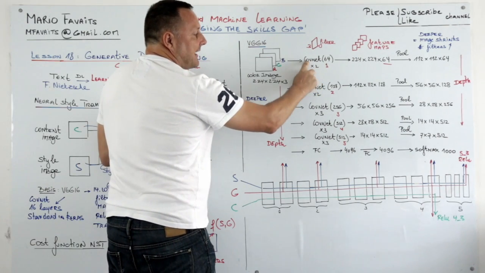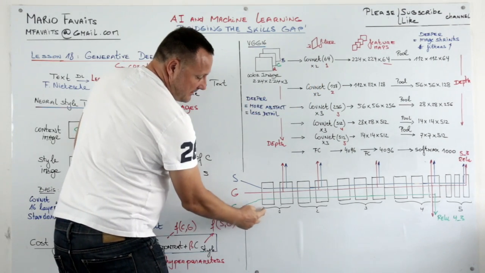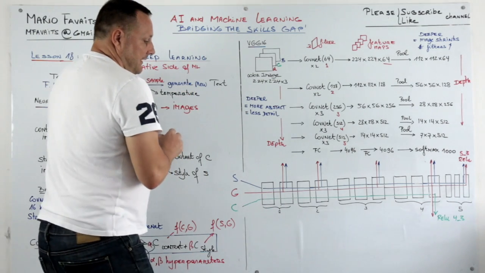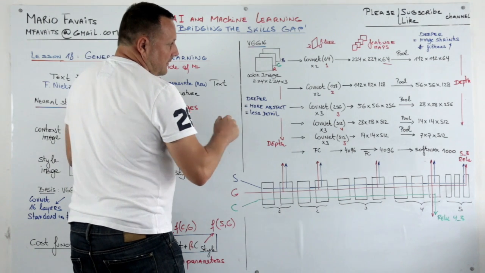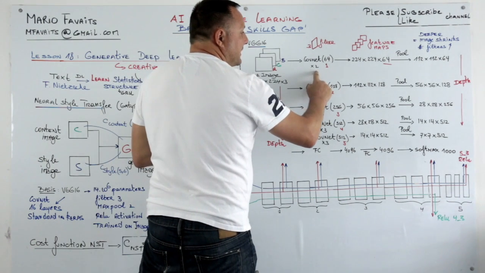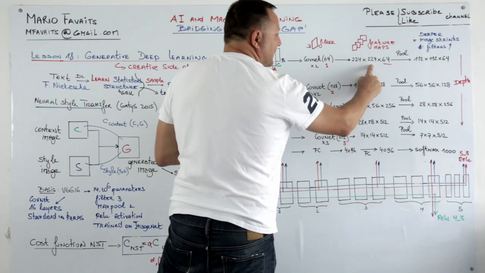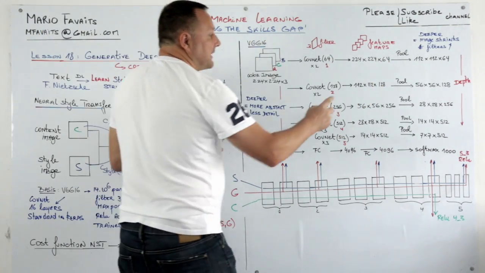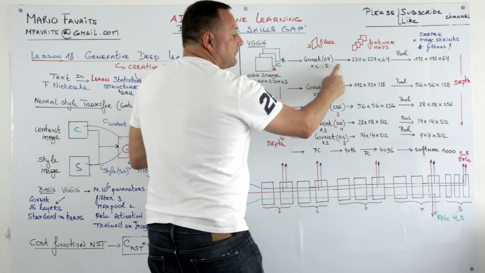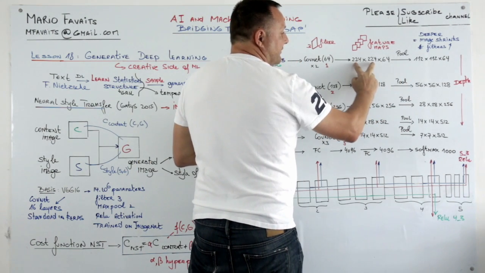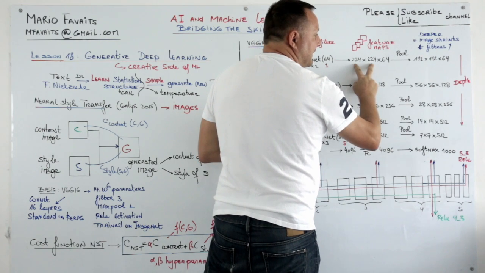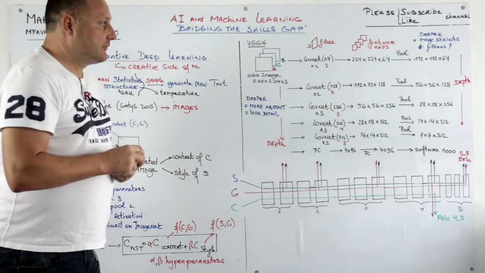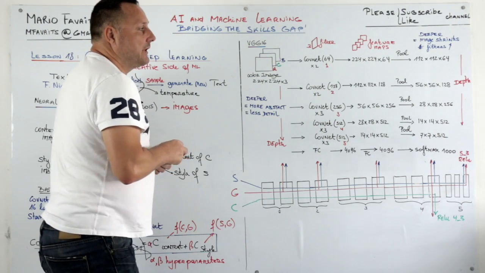The times 2 means that I have 2 ConvNet layers in the first block. The outcome here has a size 224 by 224 by 64, because we have 64 filters. Then we apply a max pool, so the size of the activation maps is divided by 2. So it gives us 112 by 112 by 64.